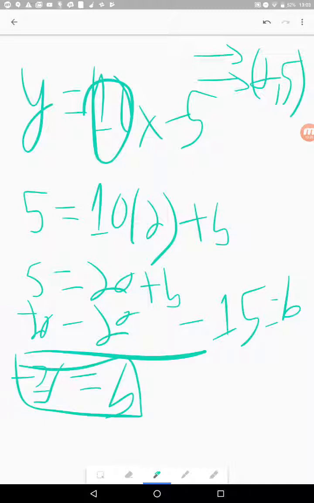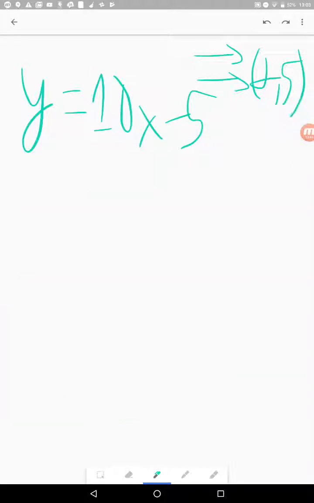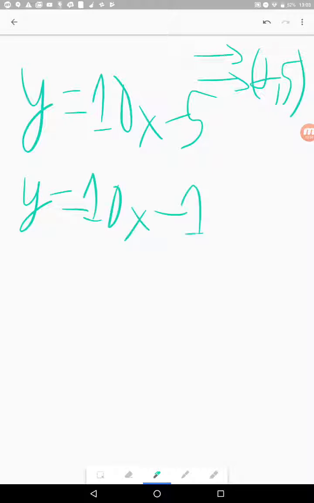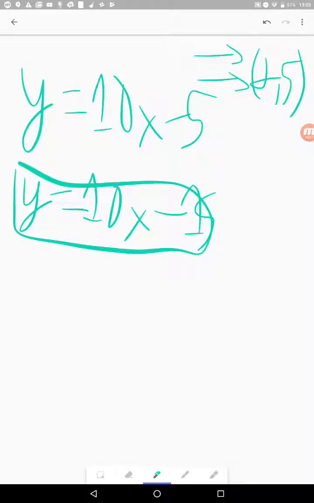So that means your y-intercept of negative 15 gets plugged into the new equation. Sorry, I'm running out of room here, let me fix that up. So that y-intercept of negative 15 gets plugged into the new equation of y equals 10x minus 15 through the point of 2, 5 parallel to the given equation up top.